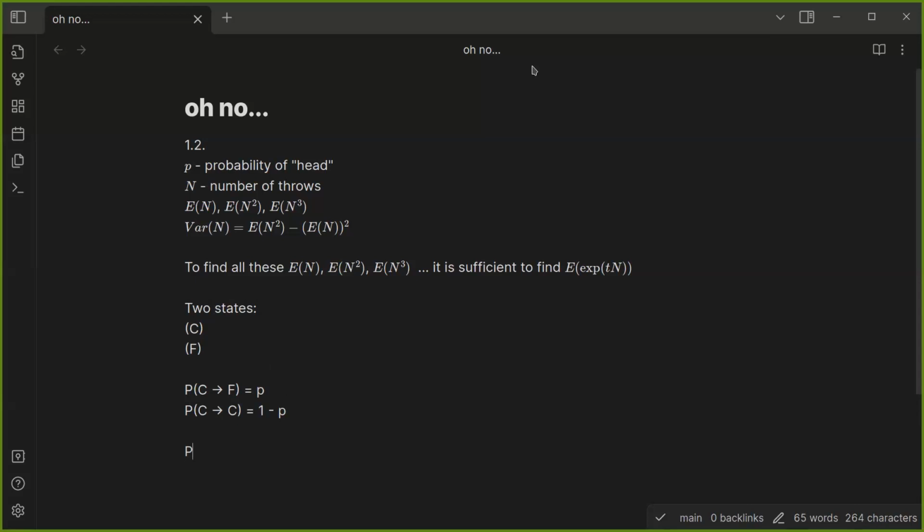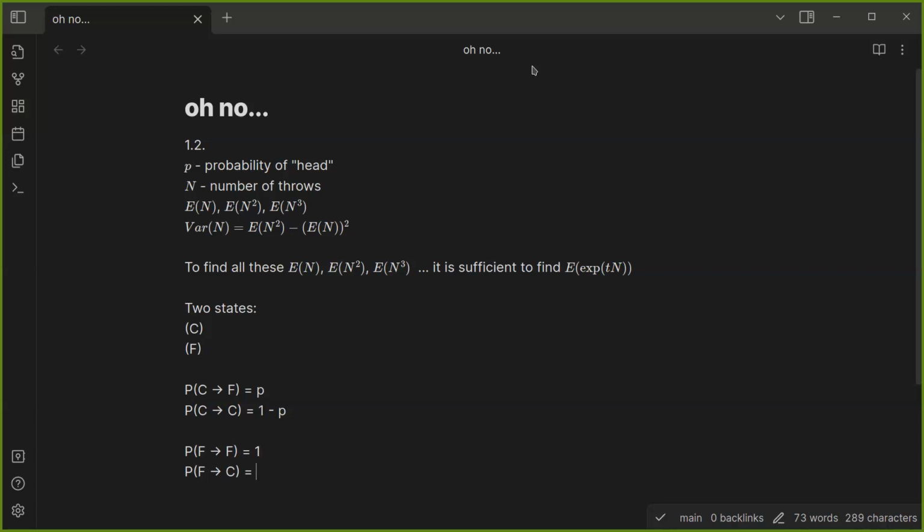And what are the transition probabilities from F to F, and from F to C? If F is the final state, the game ended, basically. What are these probabilities? 1 and 0. If the game ends, it is an absorbing state of the Markov chain.